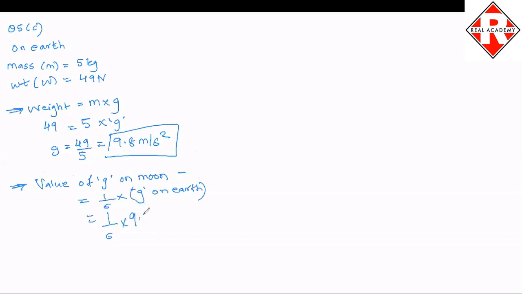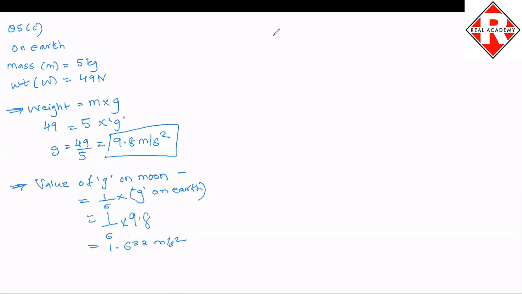We have just found out it is 9.8 meters per second square, correct? So the value of g on moon will be how much? It is approximately 1.64 meters per second square. I'll just take 1.633 meters per second square. Is this thing clear? So I have got the value of g.